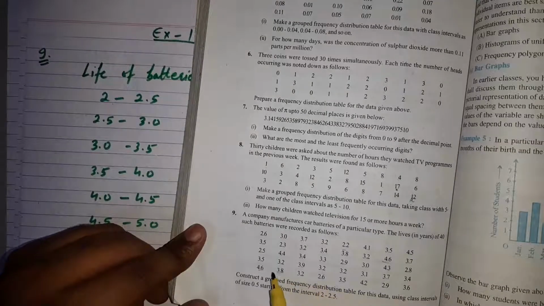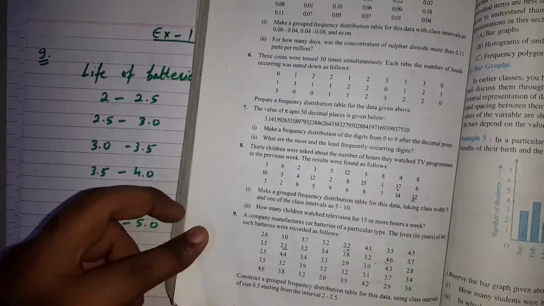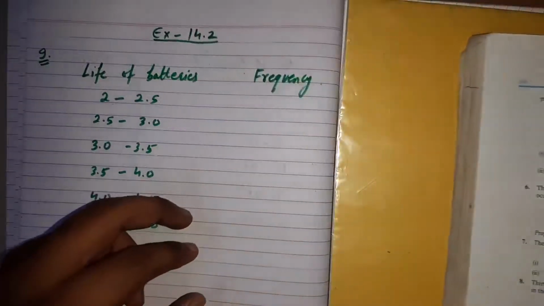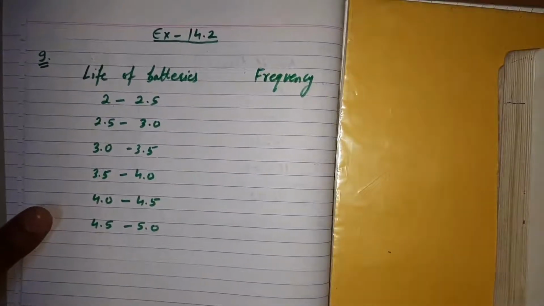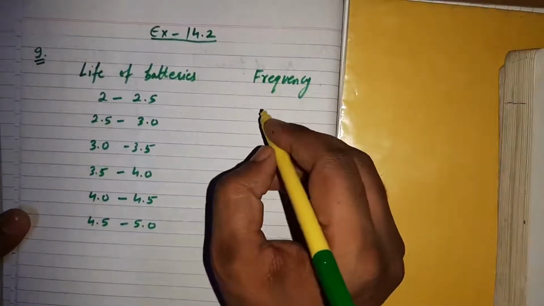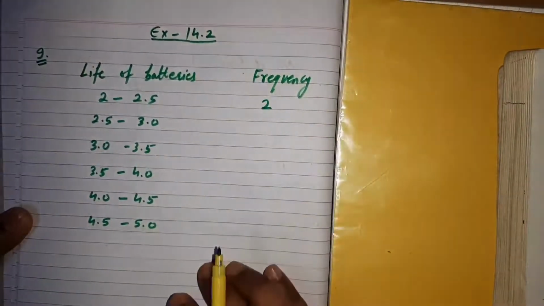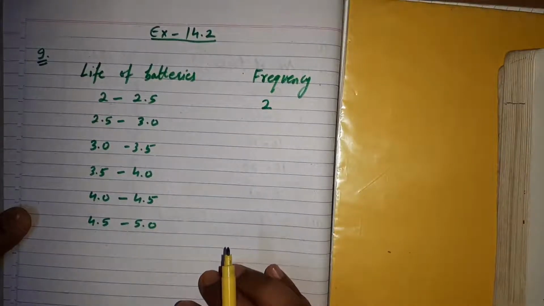Here you can find the numbers. So there are two numbers that lie between 2 and 2.5, so the frequency of the first class interval is 2. Similarly we can find the frequency of the rest of the class intervals.